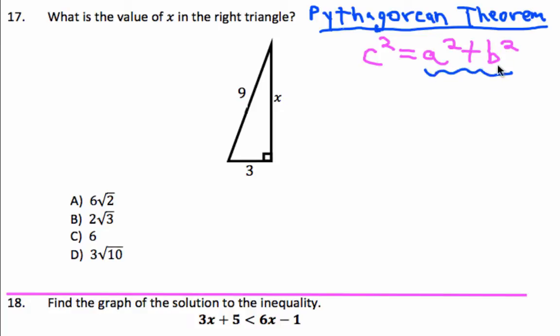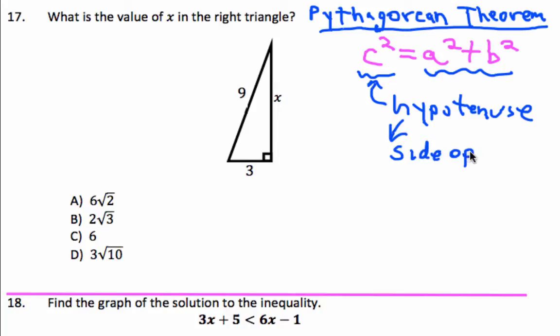Now, the c refers to the hypotenuse, as I just mentioned, and the hypotenuse is the side opposite the right angle.